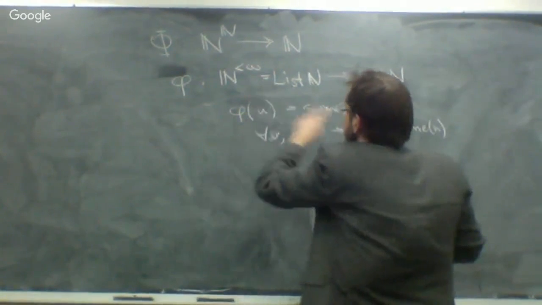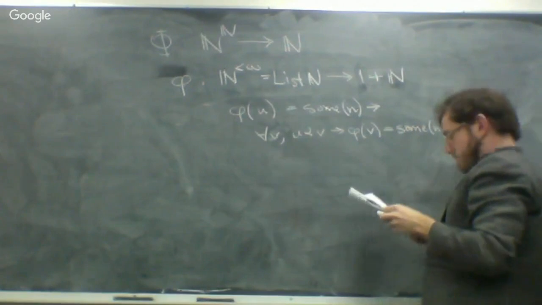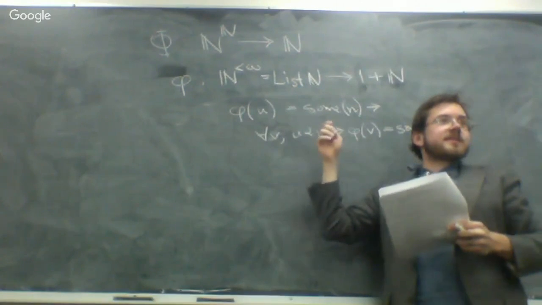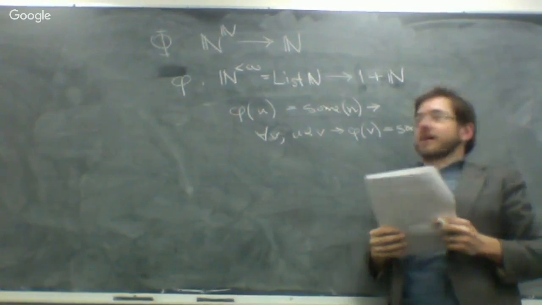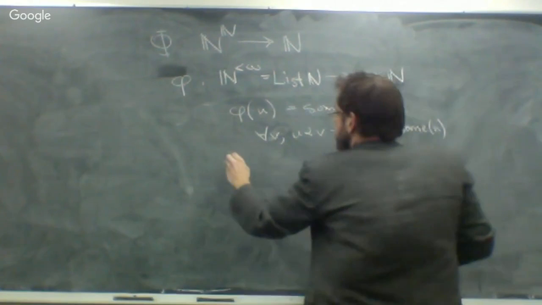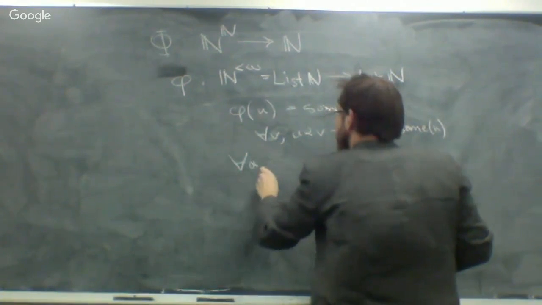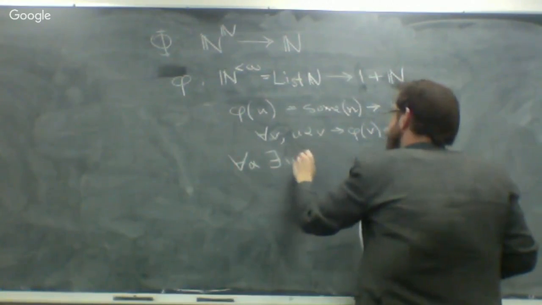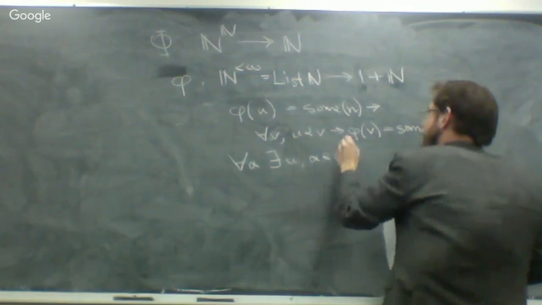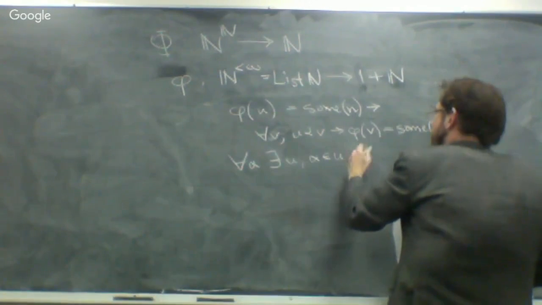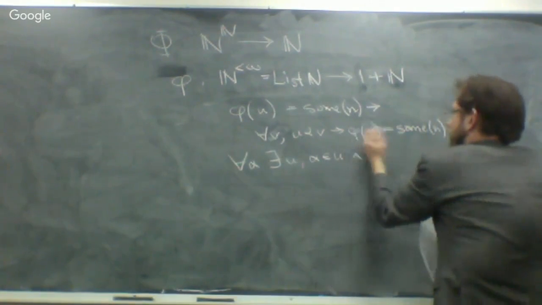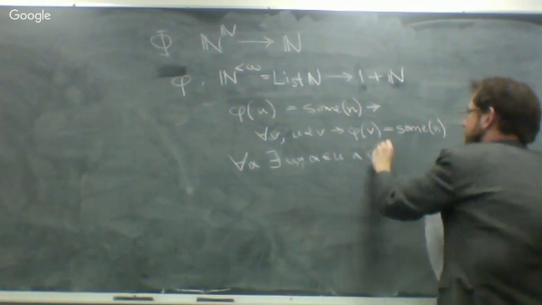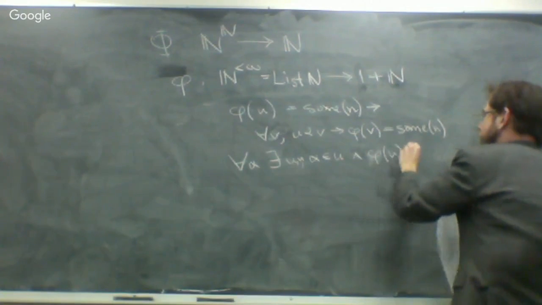And we also require that for any sequence, eventually there will be enough information to give the answer. So for all alpha, there exists a u and n such that alpha is in u, and phi of u is some n.